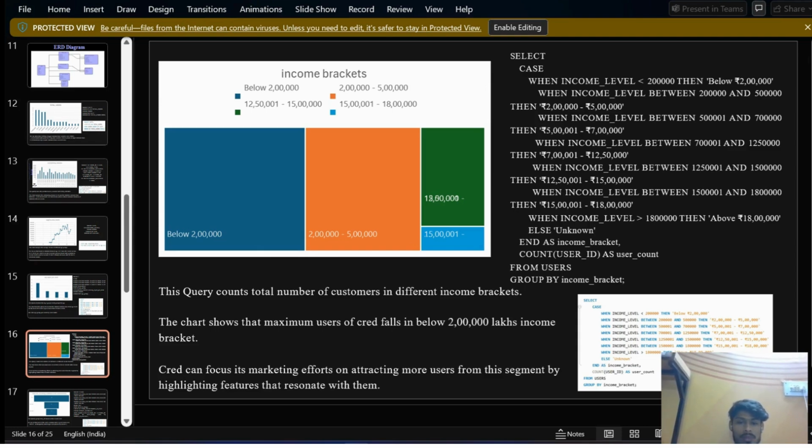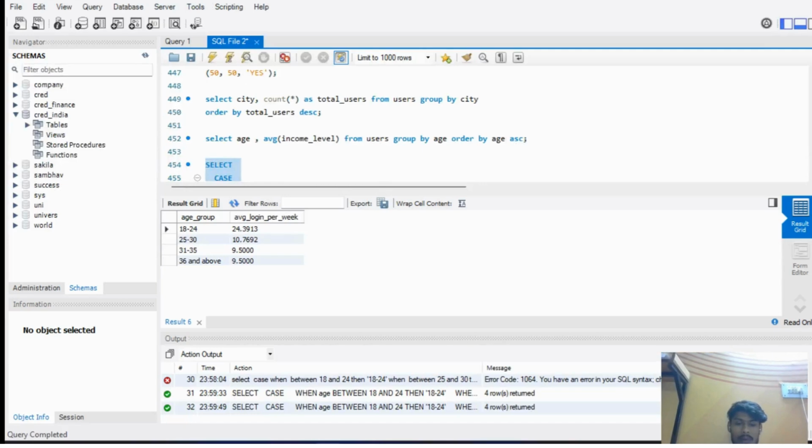This chart shows that the maximum number of users fall into the below 2 lakh income bracket. We see that the maximum number of users are probably under the age of 24, and they fall under the 2 lakh category, and the minimum number of people have a salary of 15 lakh and above per annum. So let's move further.